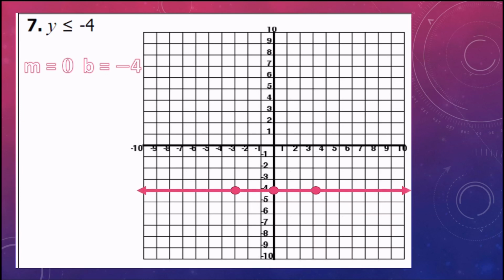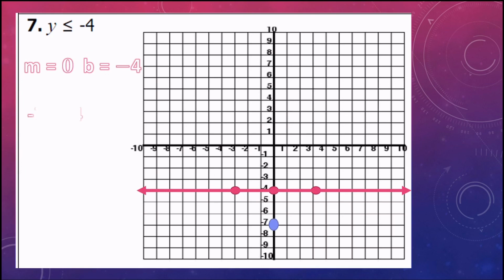So it's going to be a solid line because it says less than or equal to. I'm going to pick a point, but what I'm going to do is pick a point right on y. Why did I pick y? Well, take a look at your inequality. Your inequality says y is less than or equal to -4.